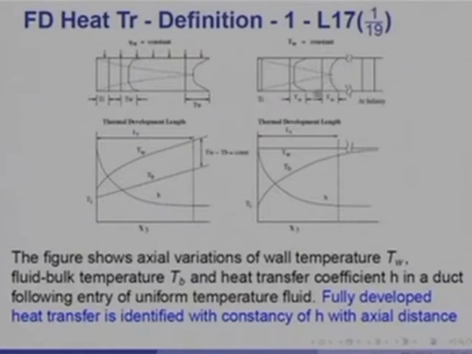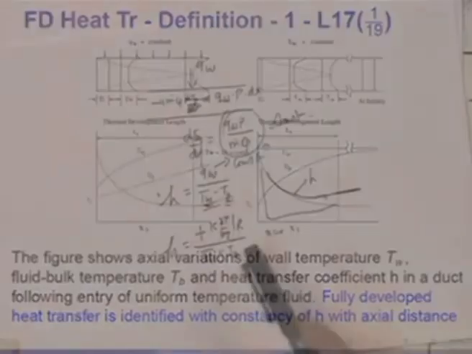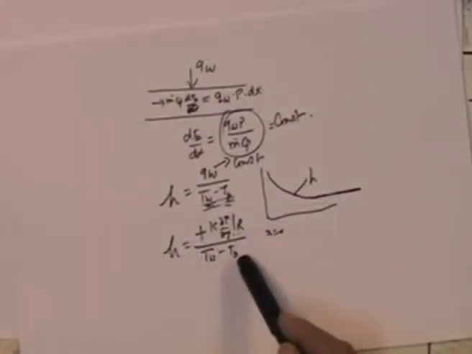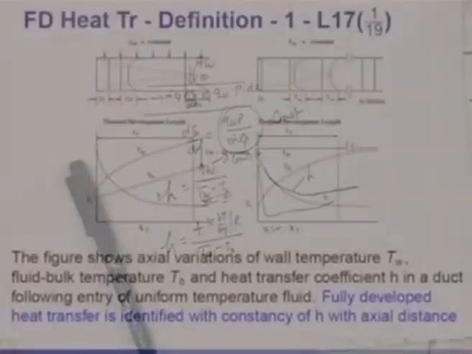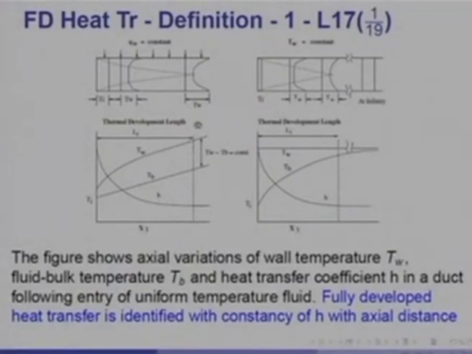A point is reached beyond which, although T bulk is changing and the gradient of the temperature is changing at the wall, k dT/dr divided by T wall minus T bulk becomes constant, or h becomes constant. So, in heat transfer we say fully developed heat transfer is identified with constancy of h with axial distance.